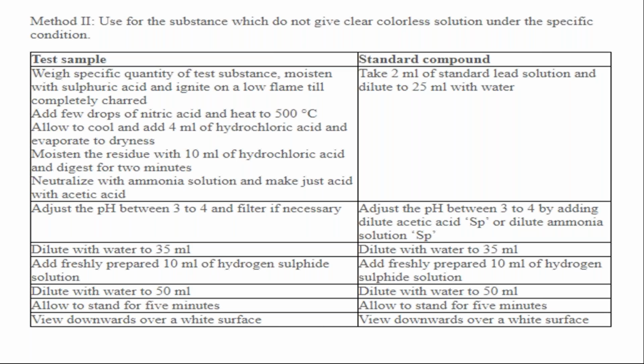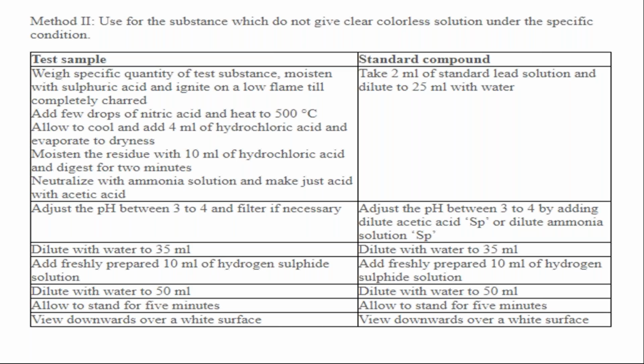Ignite on a low flame till it is completely charred. Once it is charred, you're going to add a few drops of nitric acid and again heat to 500 degrees centigrade. Now all of this is done in an apparatus called a crucible. Okay, this crucible is made out of porcelain.